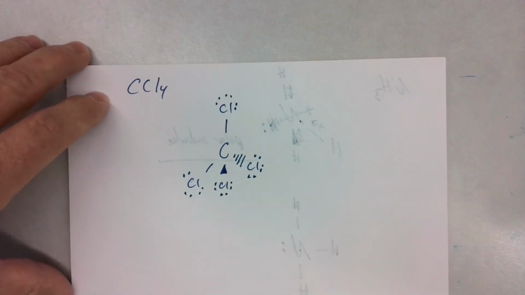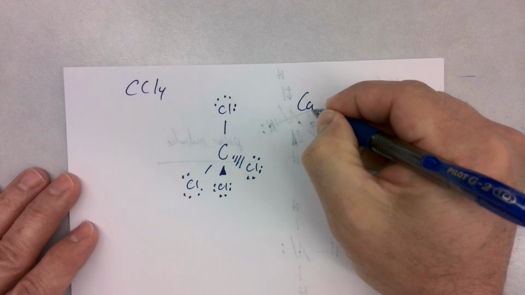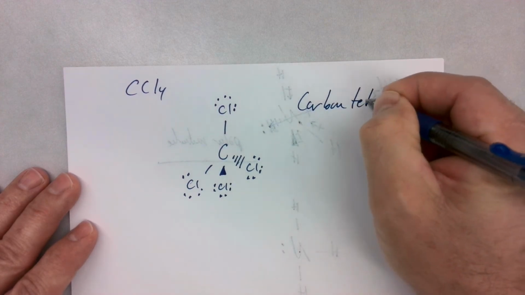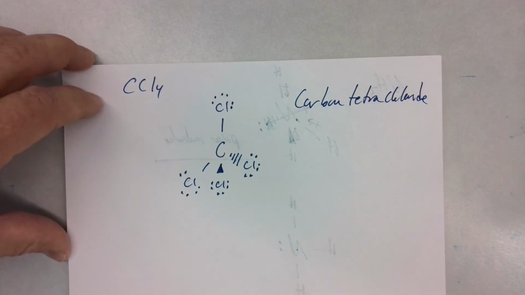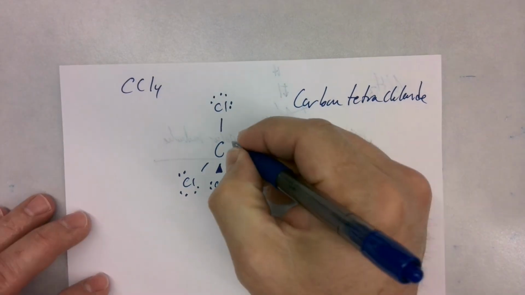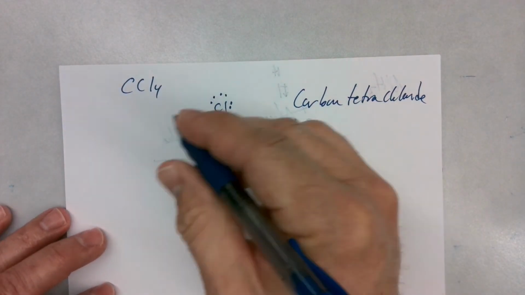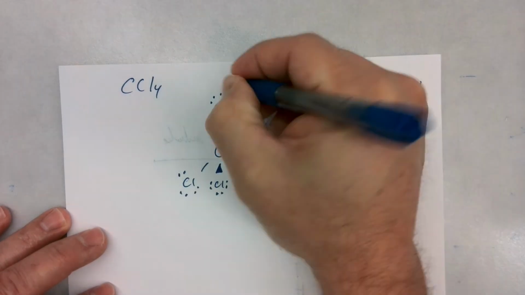Okay, that's carbon tetrachloride. Now, carbon is a 2.5. Chlorine is a 3.0.